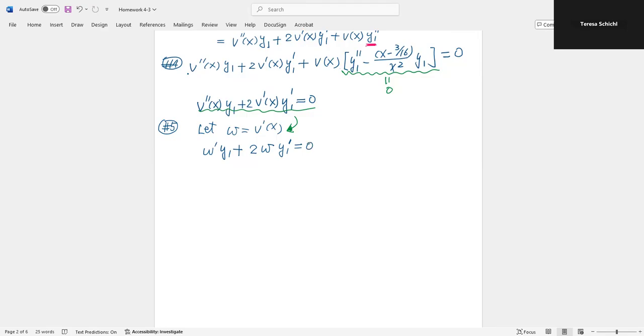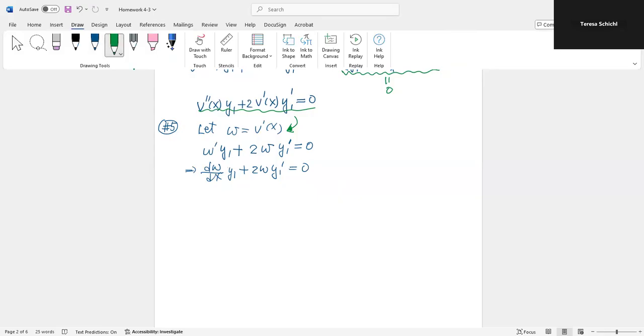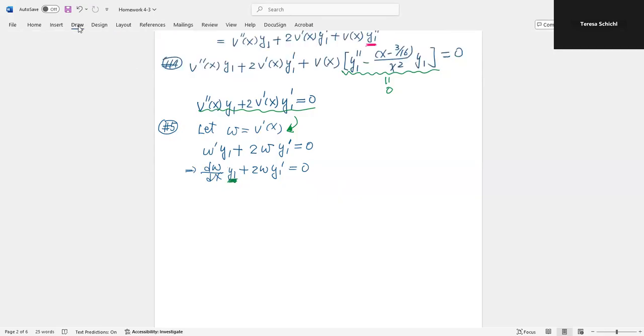Okay, so let's try to rewrite a little bit here. w prime is dw/dx y1 plus 2w y1 prime equal to 0. Now I want to single out, so I'm going to divide by y1 on both sides.